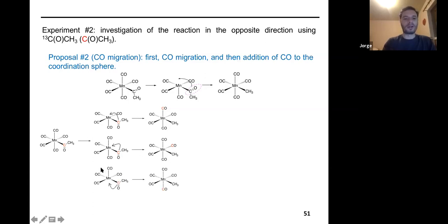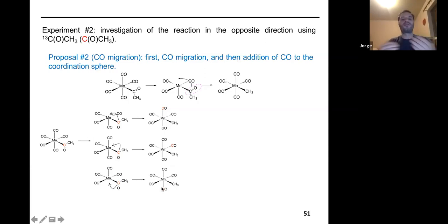Now we can lose the CO ligand at the bottom of the structure, creating a vacant site here, migration of the CO to that position that produces a complex where the labeled carbon monoxide is also cis to the methyl group.